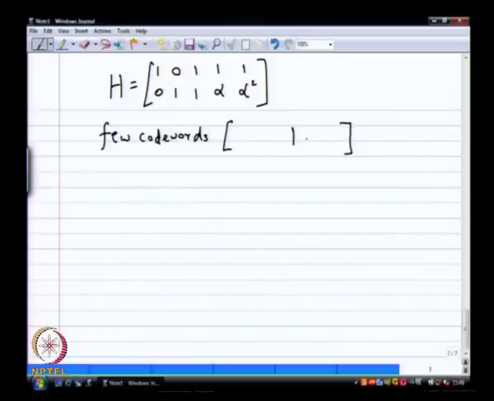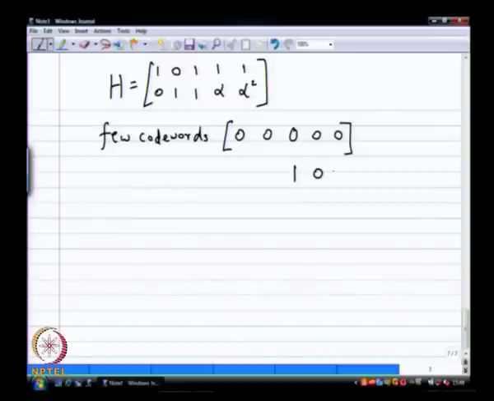The first code word is the easiest code word. If my message is 000, let us start with a much more basic question. If my message is 000, what is the code word? 00, right. So I mean you just plug it in here and multiply it out, you can do it in your head. So we will do it for a slightly more complicated example.